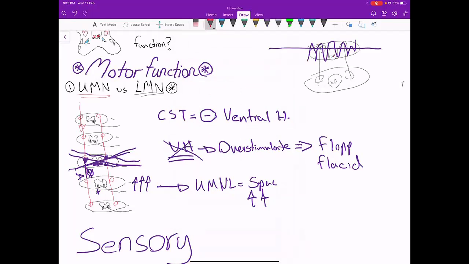However, the ventral horn is also knocked out, and the peripheral nerve exiting at that segment is also knocked out because I killed the entire segment. So at the level of the segment, regardless of whether the corticospinal tract is destroyed or not, the ventral horns and the nerve to send the motor input are gone as well. So regardless of anything, I have absolutely no movement. There's nothing. So it's flaccid paralysis.